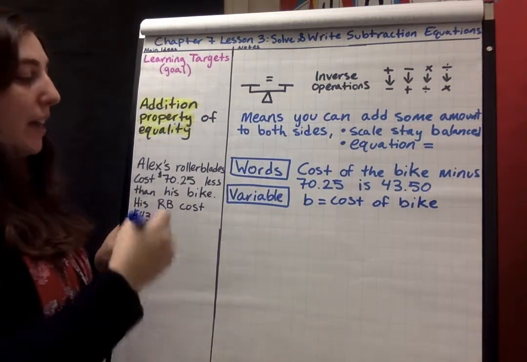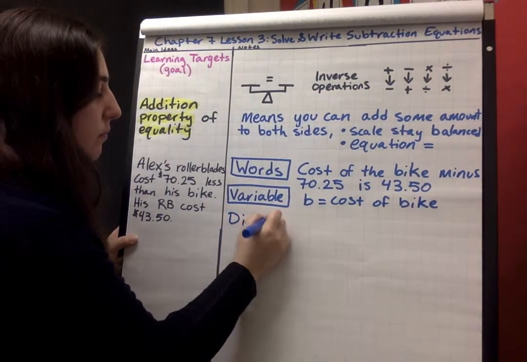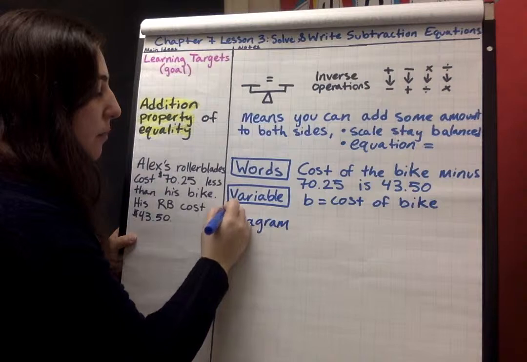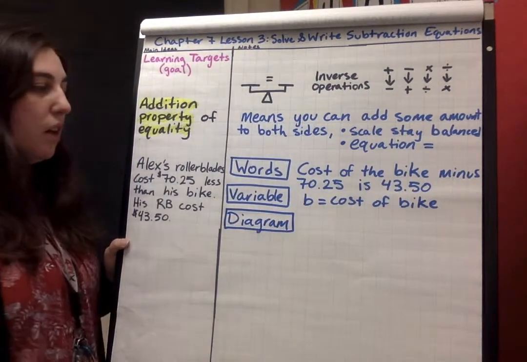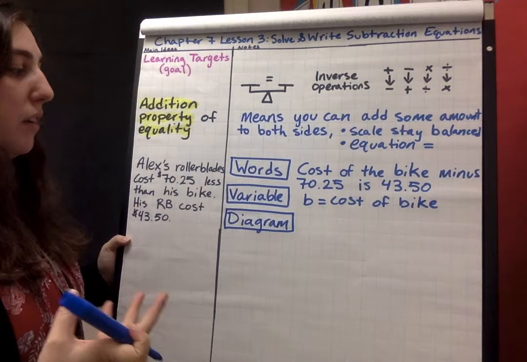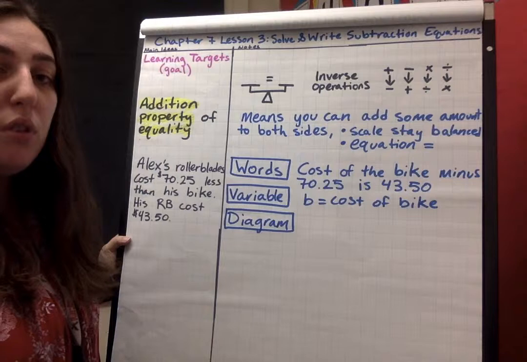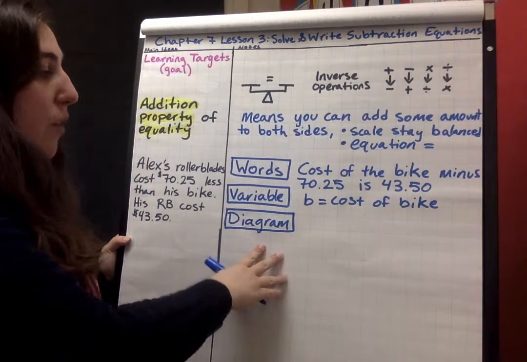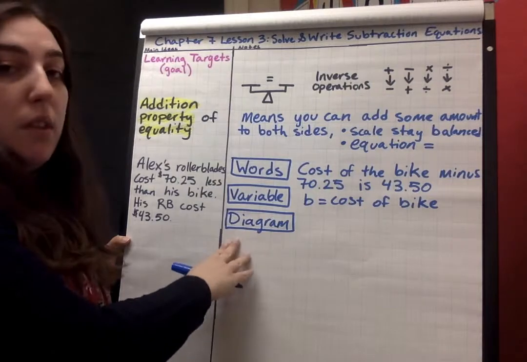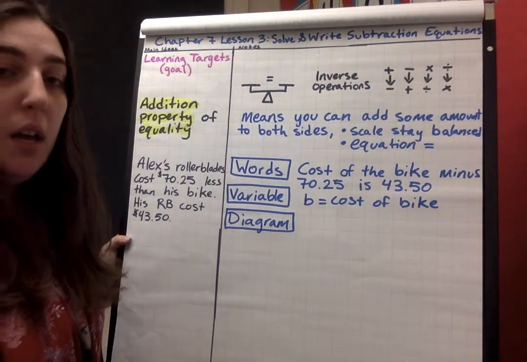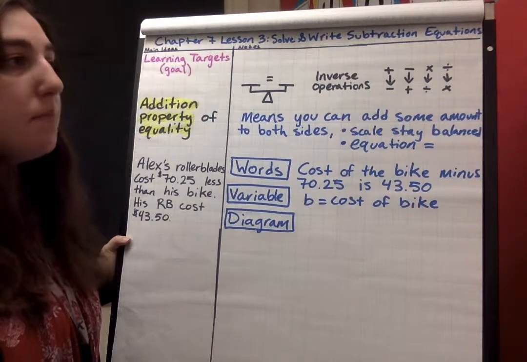Okay, and then it's optional. You can draw a diagram. Visuals are really hard for a lot of students. It's hard for them to draw, but some students really understand better from visuals, so we're going to draw one. And when you're following this process, I'm going to make it optional whether you want to draw a diagram, but make sure you do have this diagram in your notes today.